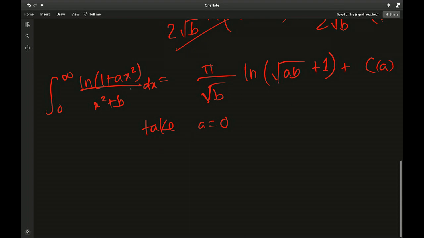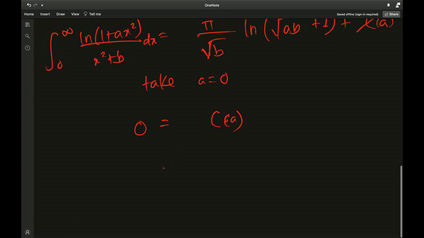So when we do that, we have natural log of 1 plus 0, natural log of 1, which is 0, and the entire integral goes to 0. And even over here, because pi over square root of b is a constant, natural log of 0 plus 1, natural log of 1, is 0, so the constant is 0.